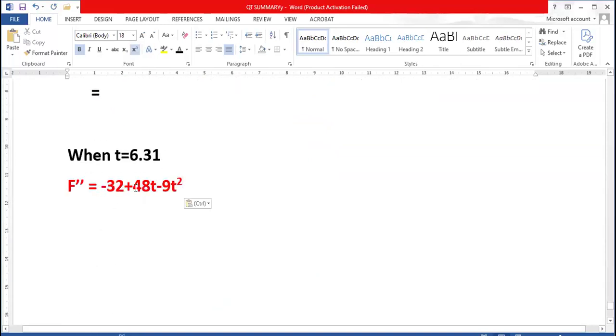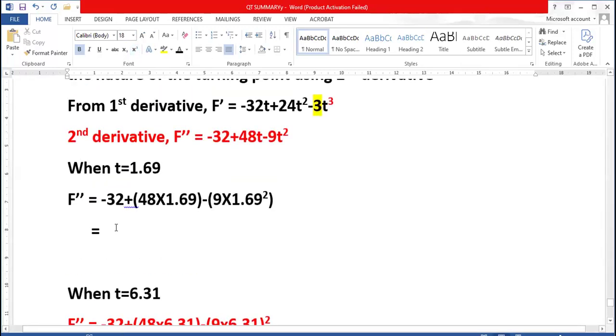Where there is t now, you put 6.31. Then minus open bracket 9 times t, which is 6.31. Using your calculator direct. Put these things direct on your calculator. The first one, you get what?